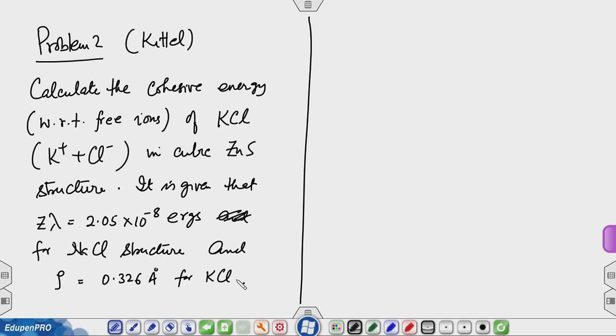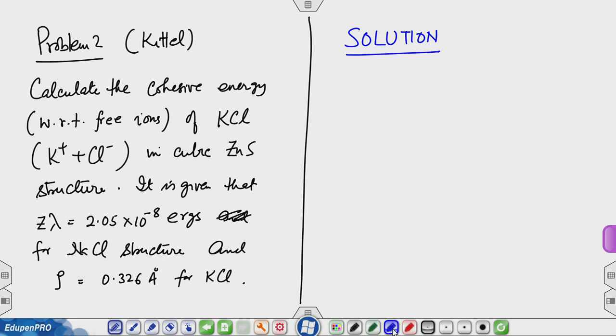So, what we are doing now is that we are taking the KCl solid and separating it into K plus and Cl minus ions. That is what we mean by with respect to free ions.